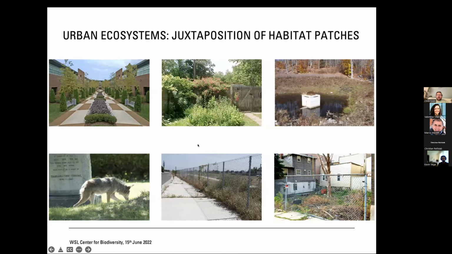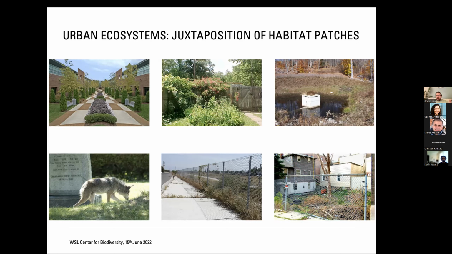So if you look at urban ecosystems, they're terribly heterogeneous. They are a juxtaposition of habitat patches. And if you take a look across them, historically, very early on, ecologists thought of them mostly as a bunch of degraded habitats or very disturbed, but we know very well that that is simply not the case.